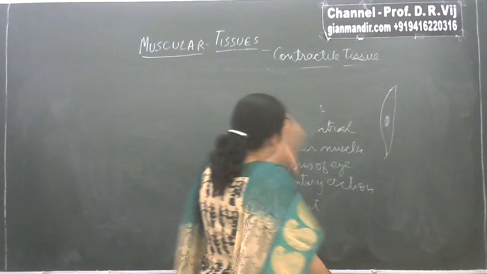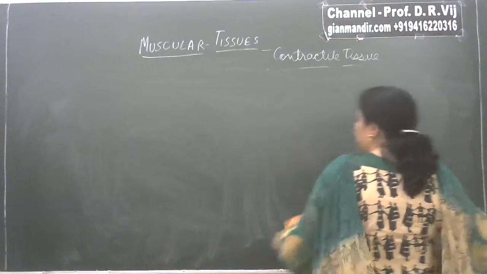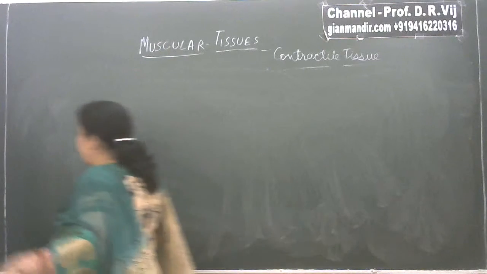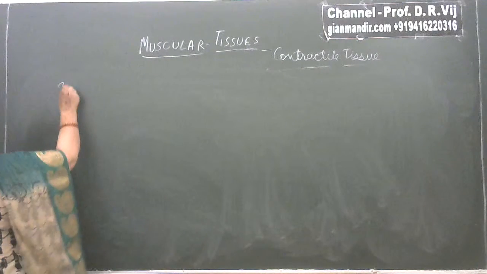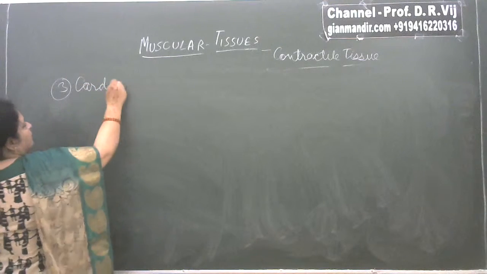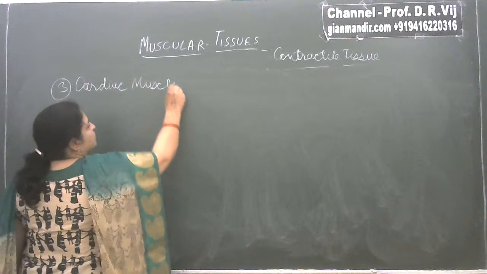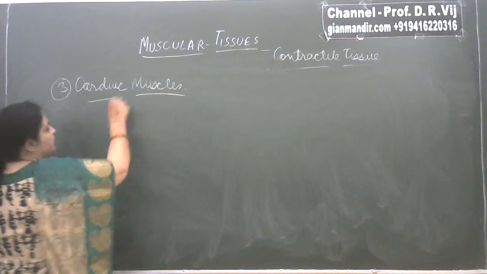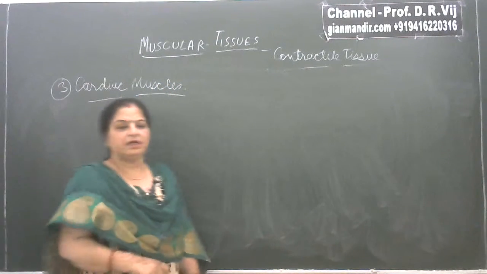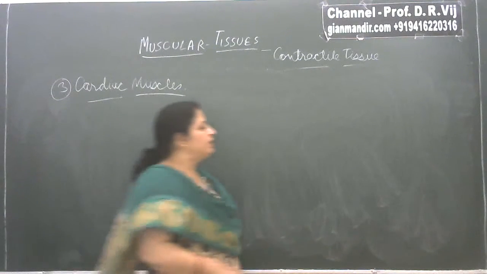And the third type of muscle fibers or muscle cells which we can find here are known as the cardiac muscles. Cardiac muscles or cardiac muscle fibers, as again the name shows, they must be found in heart, and of course they are found in heart.